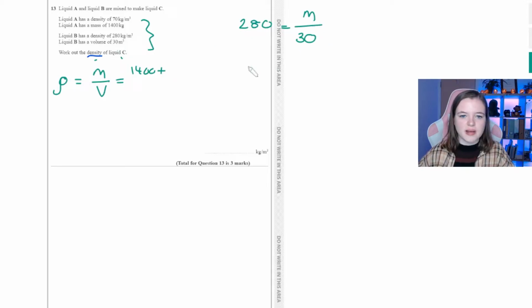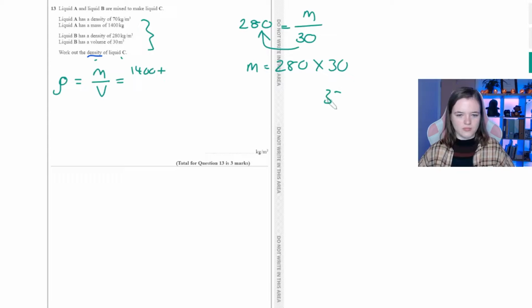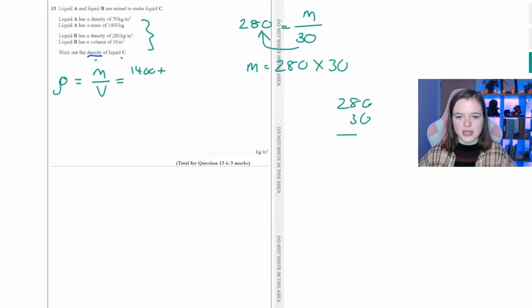So then to find the mass, I'm going to do 280 times 30, because it's currently a divide, so I'm going to bring that up there. Let's work that out. 280 times 30, that's going to be a whole bunch of zeros, starting with another 0.